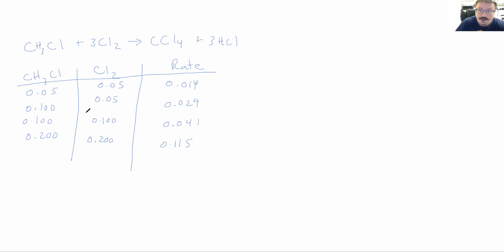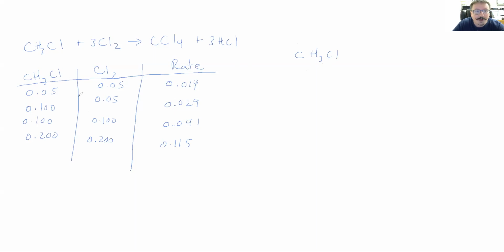So what we have to do is, like I said, we have 2 variables, we have 2 reactants. So we have to find two of these vessels where we're changing the concentration of one of the reactants, but not the other. So let's say we wanted to do CH3Cl, the chloromethane.